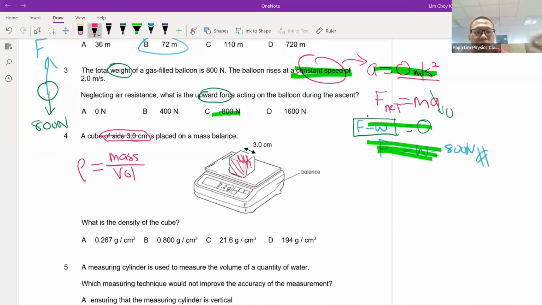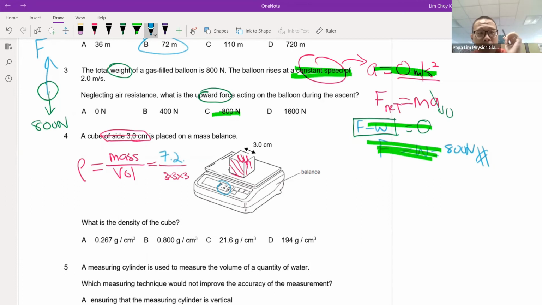Once you have the volume, which is 3 times 3 times 3, because it's a cube so all sides are the same, followed by the mass of the object, which is 7.2 gram, you use your calculator and you will get the answer that's given.